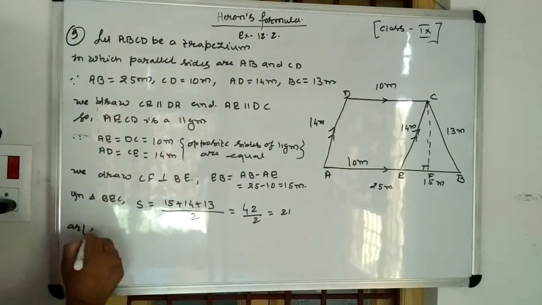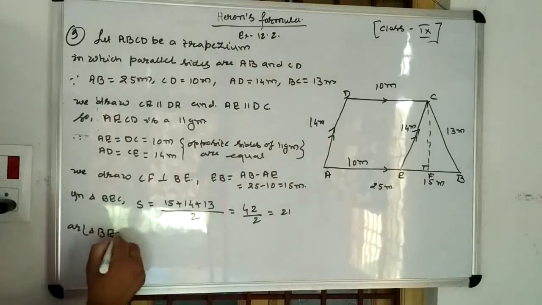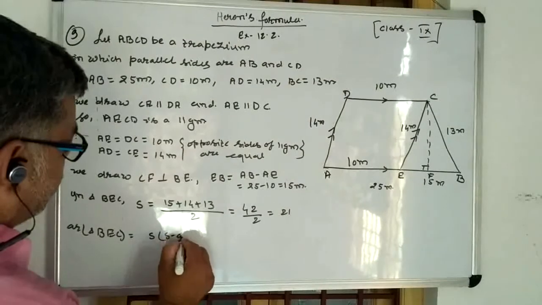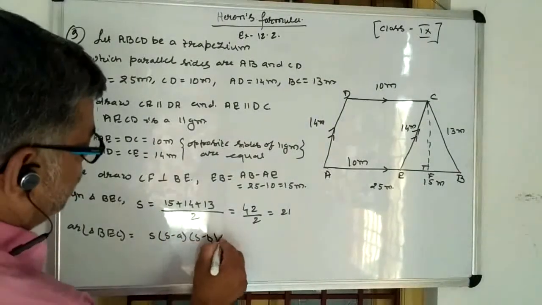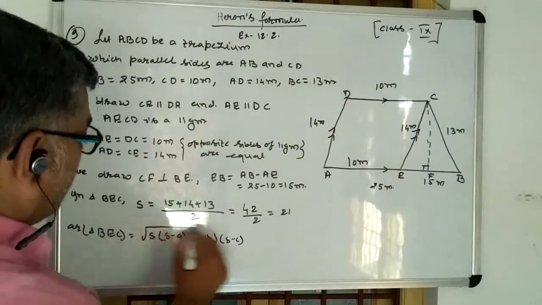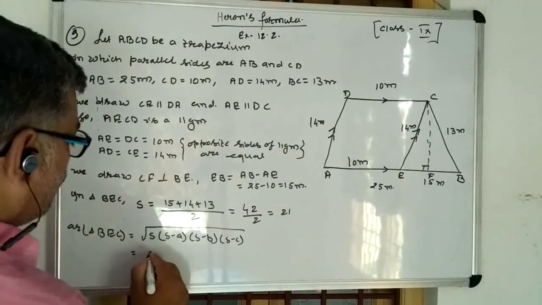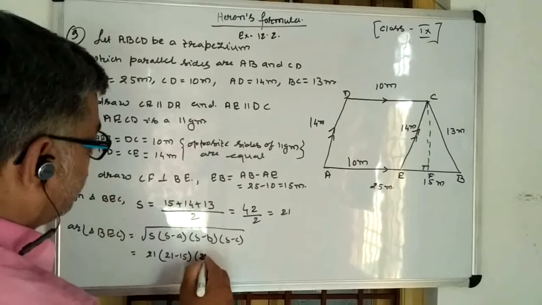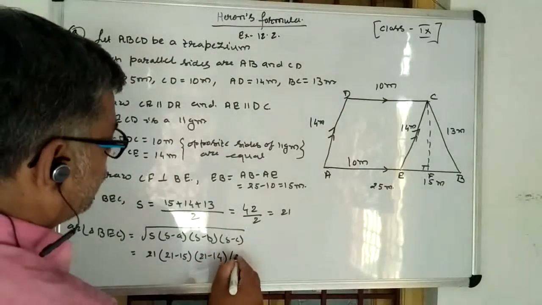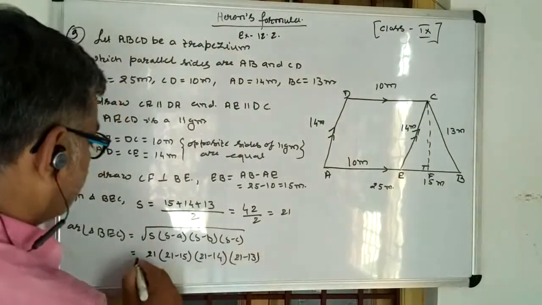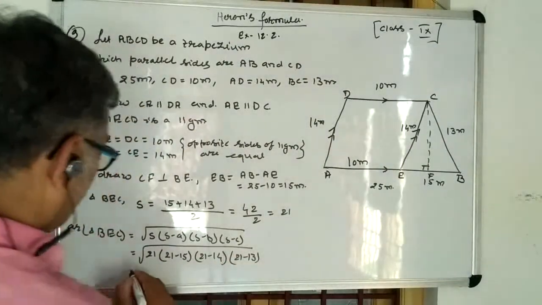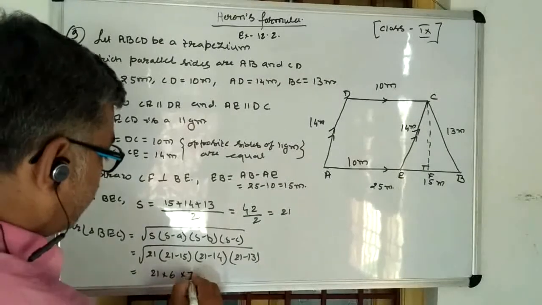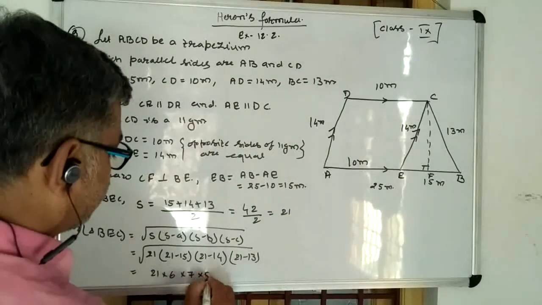Now area of triangle BEC will be, by using Heron's formula, under root S into (S minus a) into (S minus b) into (S minus c), which is under root 21 into (21 minus 15) into (21 minus 14) into (21 minus 13). So we have 21 into 6 into 7 into 8.